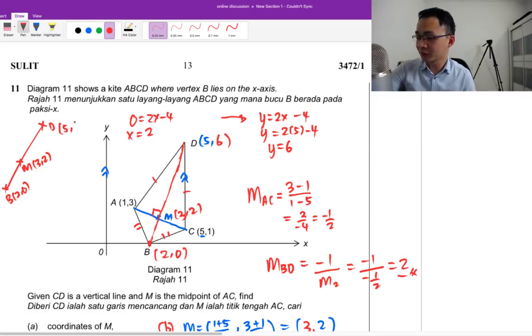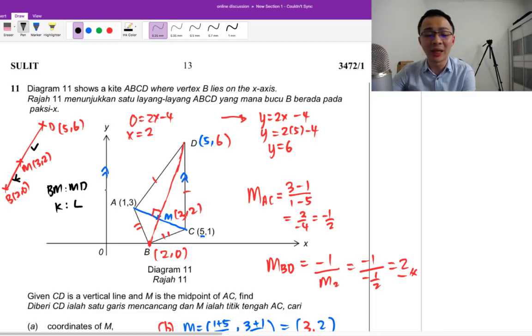The question asks about the ratio BM over MD, so I will call this K and L. Let me use K and L. So I just change it into K ratio L.